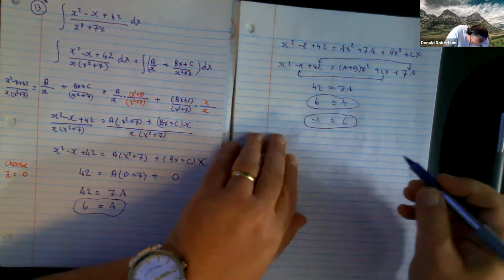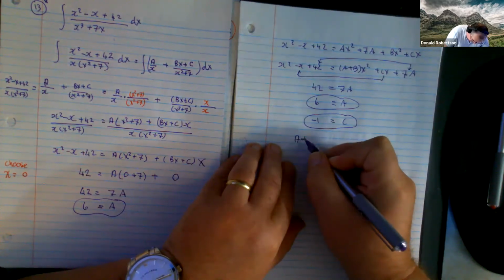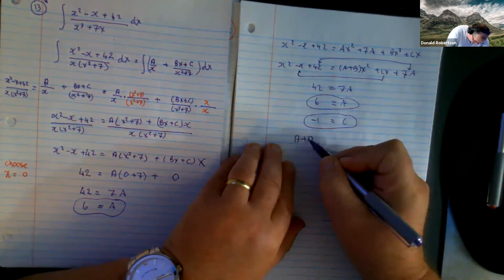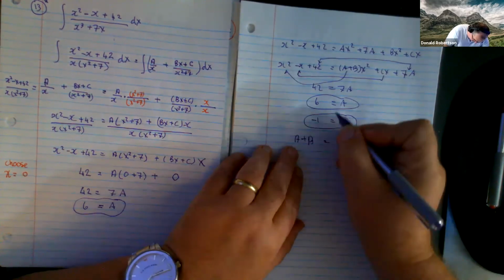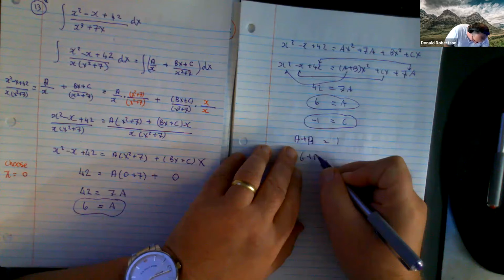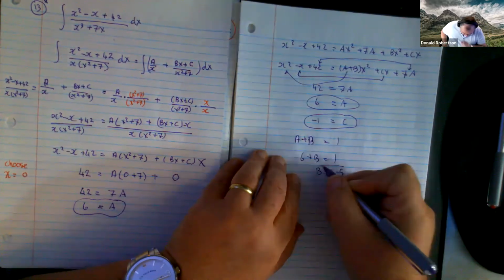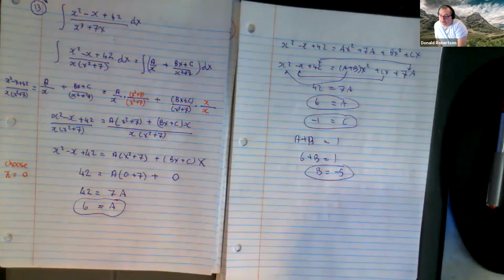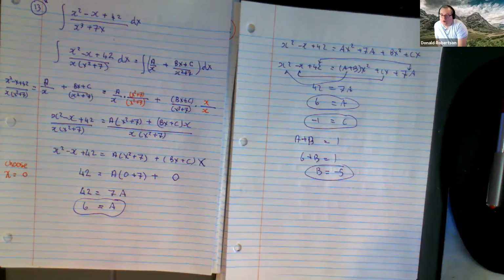And then you said, I'm assuming, that a plus b is 1. And since a is 6, 6 plus b is 1. So b is -5. Is that roughly your thought process? Yeah, except I accidentally multiplied a and b, not added. So yeah, it would be -5.